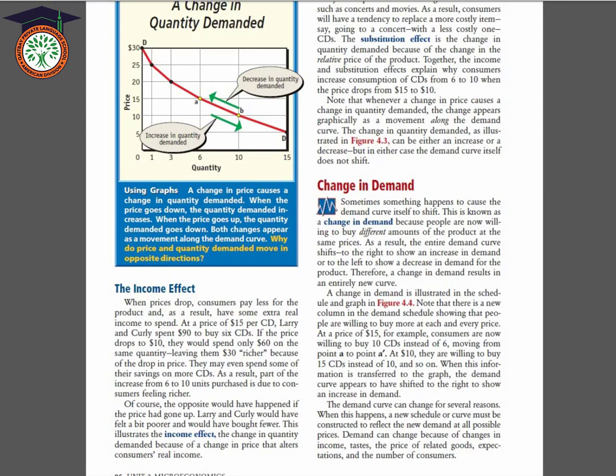Why? Because when the price of the Happy Meal went down, the quantity demanded went high on the Happy Meal, so McDonald's asked the bakery for more bread, more buns.